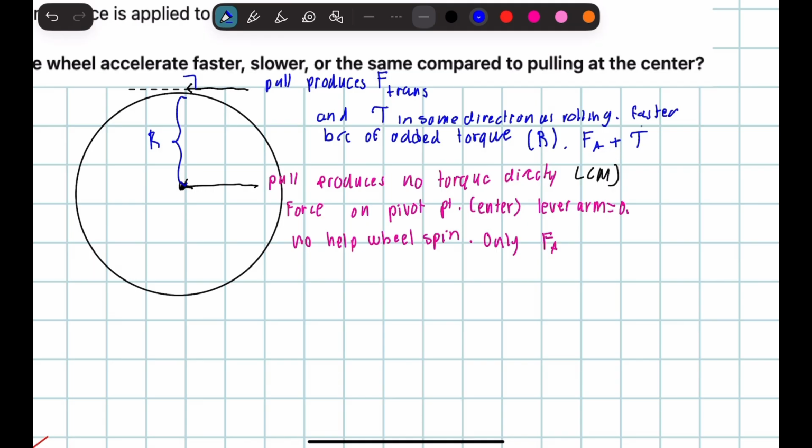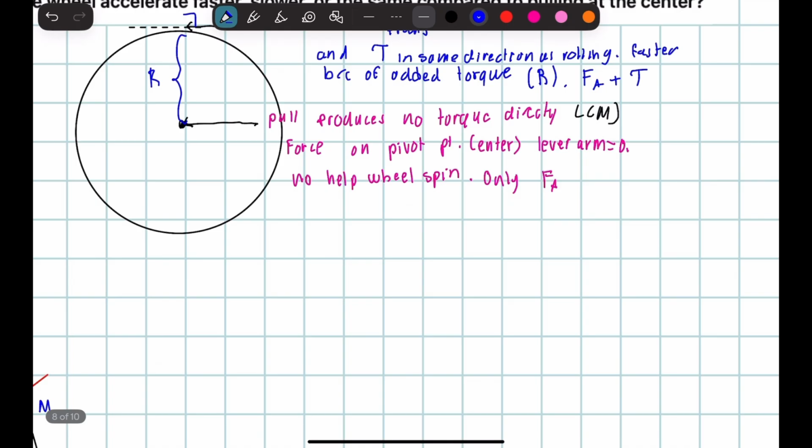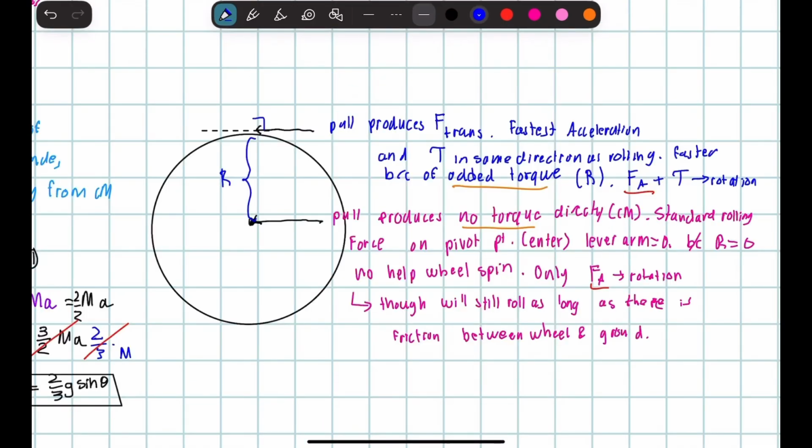So we have Fa, and we also have torque in the same direction. But when you push in the center, you only have Fa, because you're pushing the force on the pivot point, which is the center, and that makes the lever arm equal to 0 because the radius is equal to 0. So there's no assistance helping the wheel spin by pushing there.